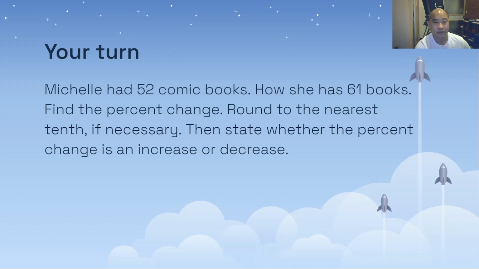Your turn. Let's say that Michelle has 52 comic books, and she went and got some more comic books, so now she has 61. Find the percent change. Well, the new amount is 61. We subtract the old amount, which is 52. We divide by the old amount, which is 52. And 61 minus 52, what is that? 9. 9 over 52.